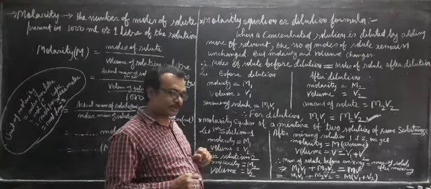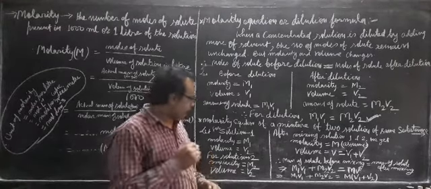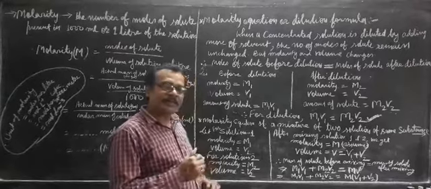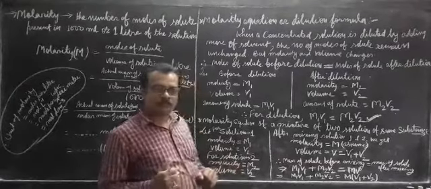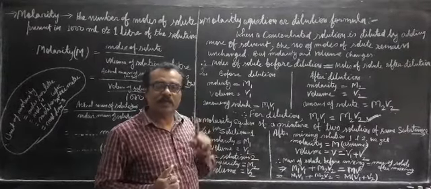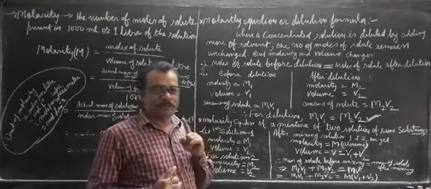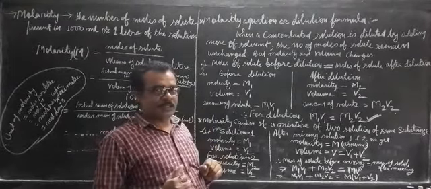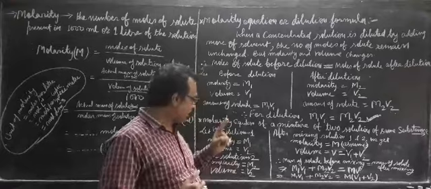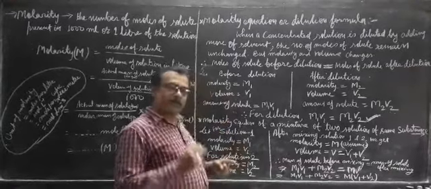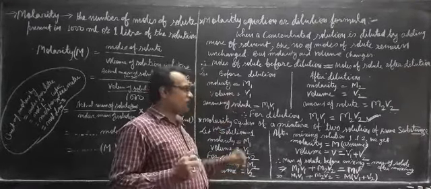So how much solute is getting mixed? M1 V1 is mixed with M2 V2. So the total amount of solute before mixing is M1 V1 plus M2 V2.